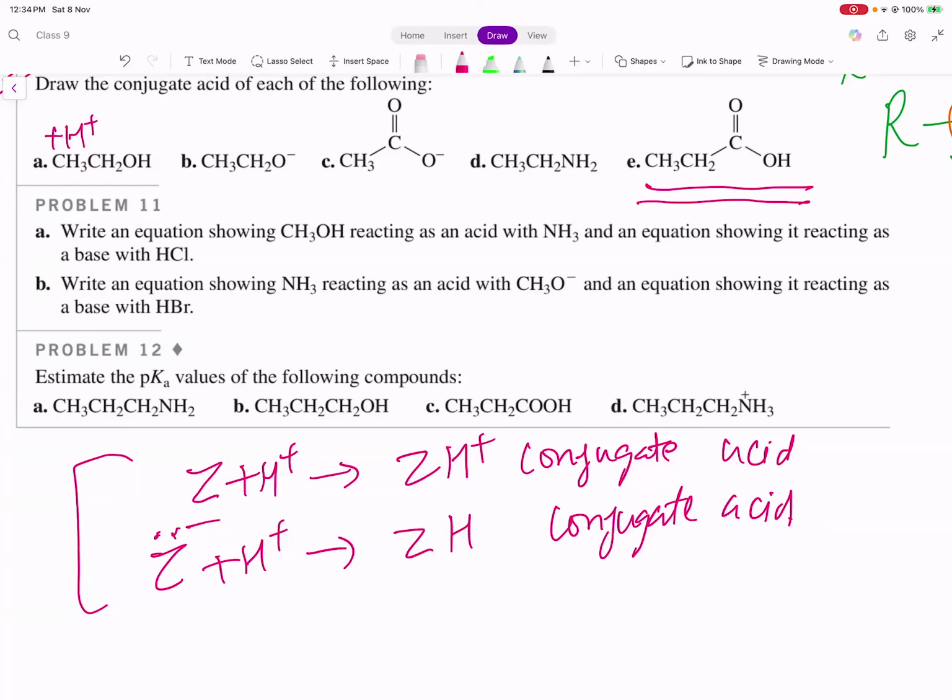Yes, sir. In the NH3 HBr part, that is correct. Okay, let's check the pKa: 40, 15, 5, and 10. That is correct. Very nice, but be careful about the charges. Yes, sir, that is the main thing.